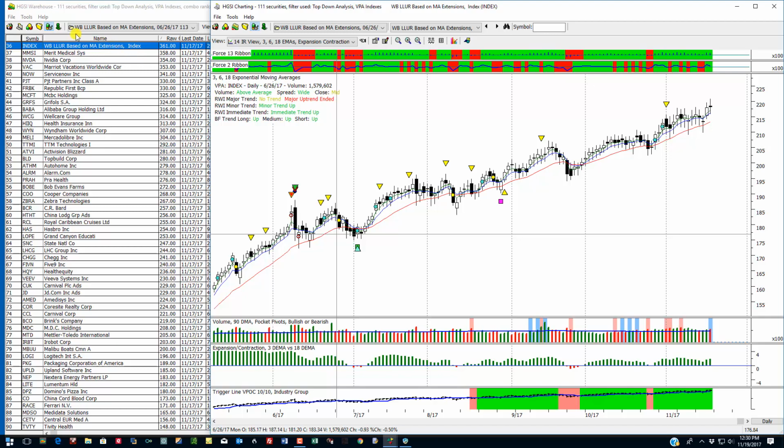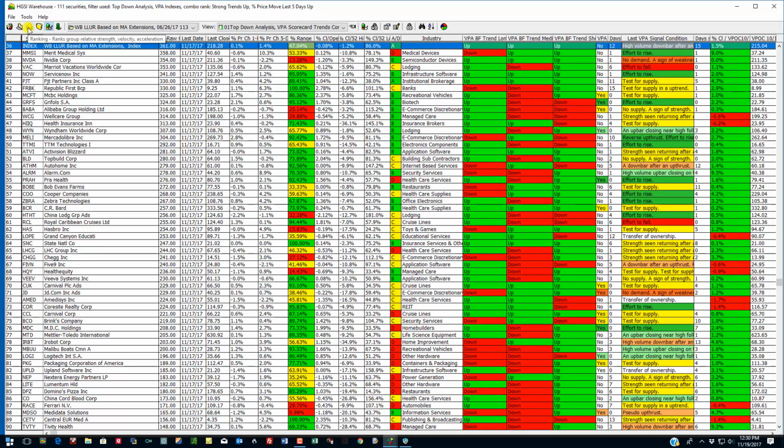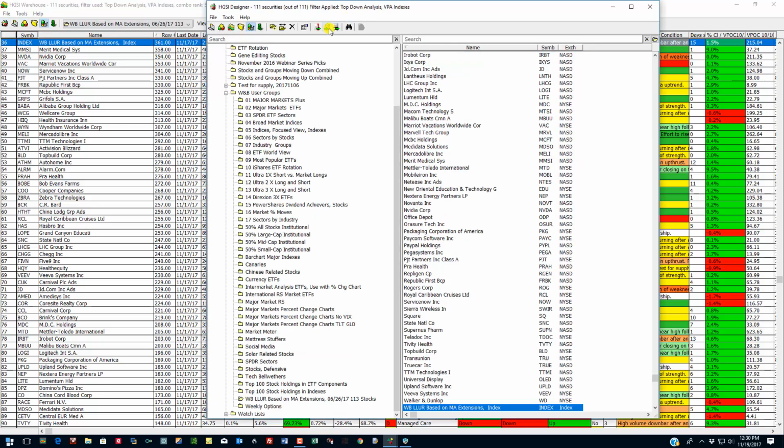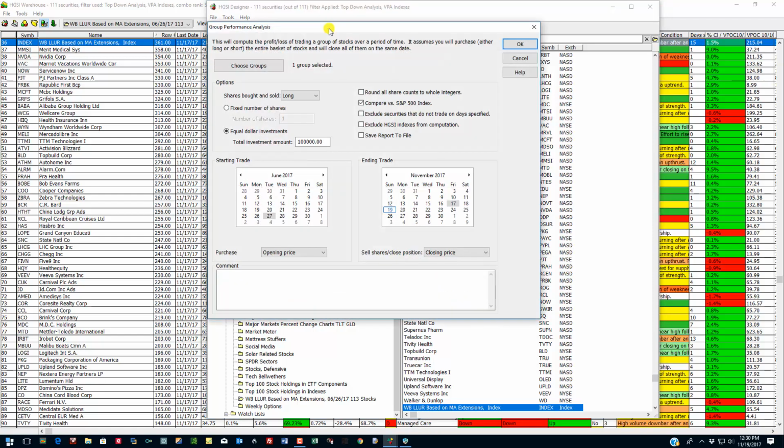Now, what I want to do is use a feature which is not used much in HGSI. I'm going to go to the designer, and I'm going to go to the group performance analysis. And I have clicked on that.